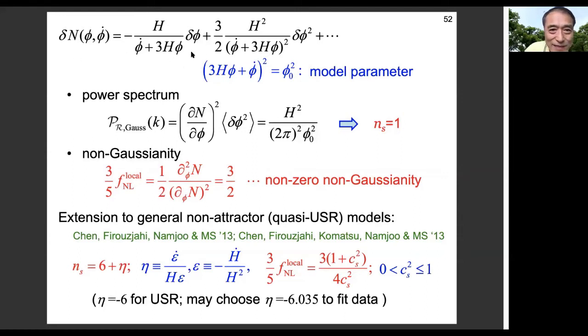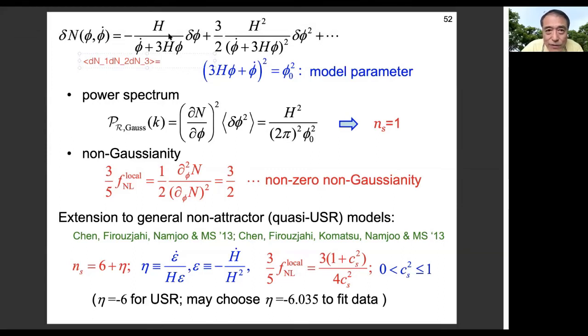Let me just write it. Instead of delta n, I say dn: dn1, dn2, dn3. If you want to compute this, then it will automatically contain this.